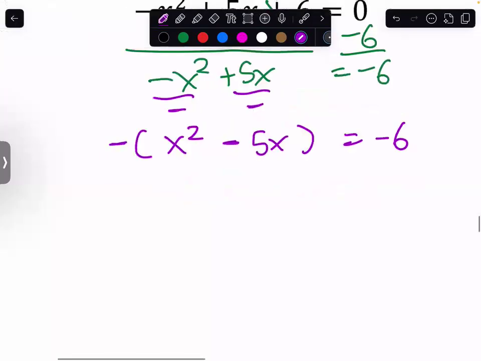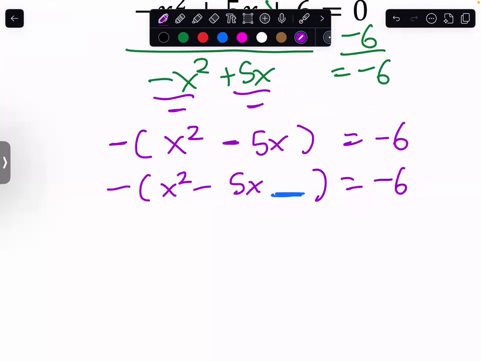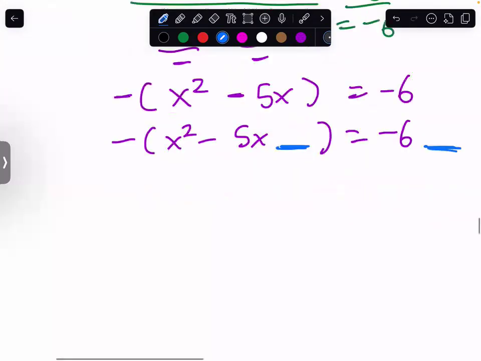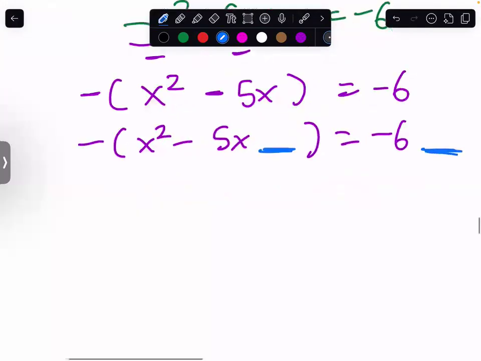Okay, next we add a blank to both sides. So on the side with the parentheses, you put it inside the parentheses. Okay, so the next step, in order to figure out the blank, we need to first jump to the row below.